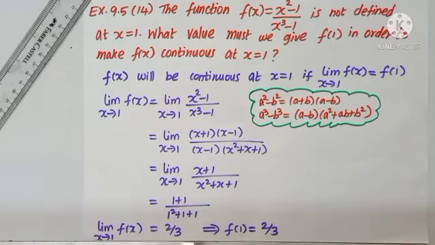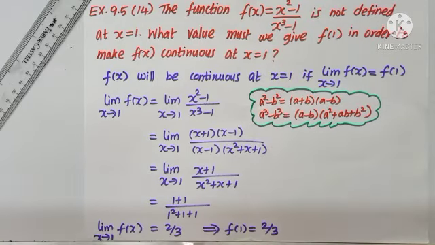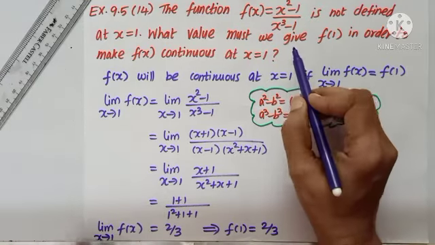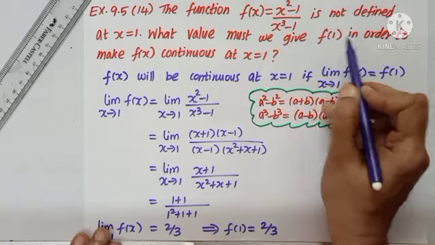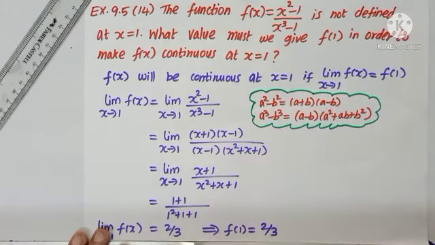Question number 14. The function f of x is x square minus 1 by x cube minus 1, which is not defined at x equal to 1. What value must we give f of 1 in order to make f of x continuous at x equal to 1?